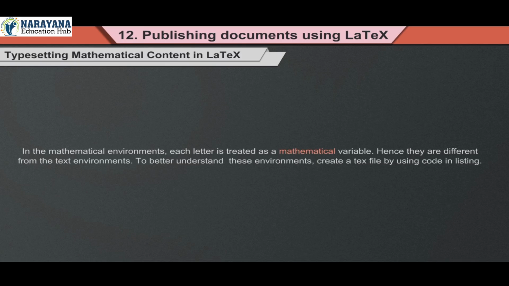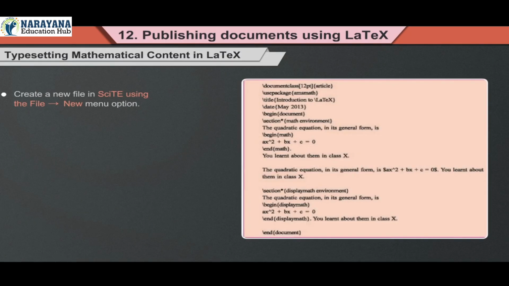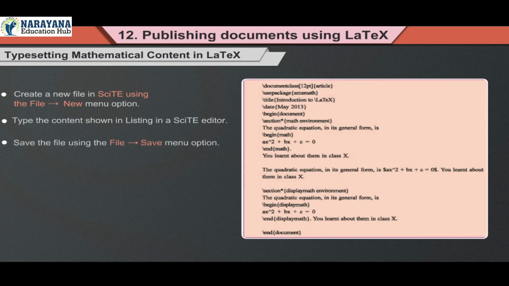To better understand these environments, create a text file by using code in listing. Create a new file in SciTE using the File, New menu option. Type the content shown in listing in a SciTE editor. Save the file using the File, Save menu option.